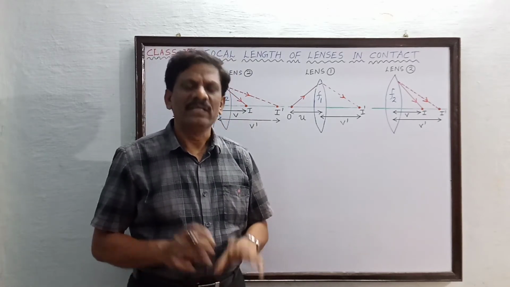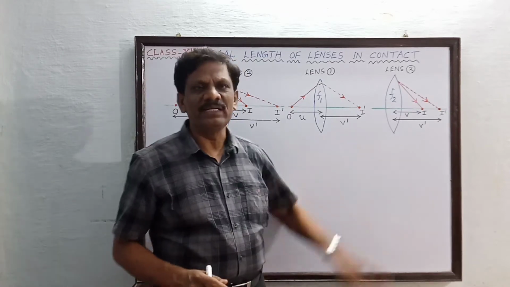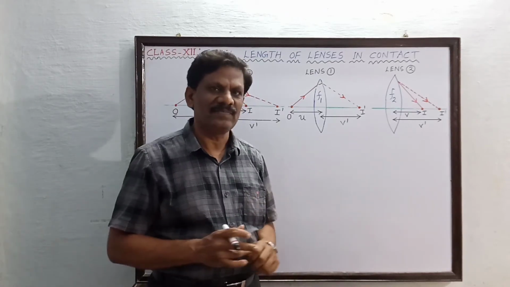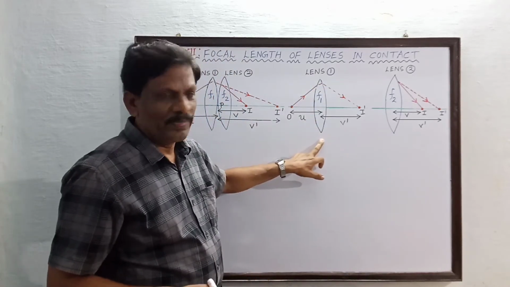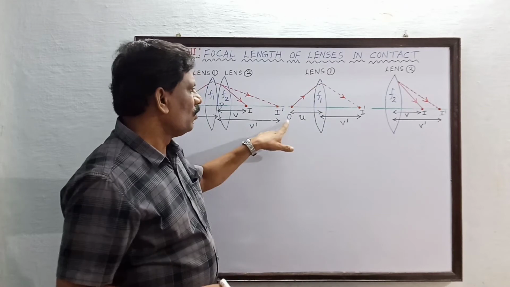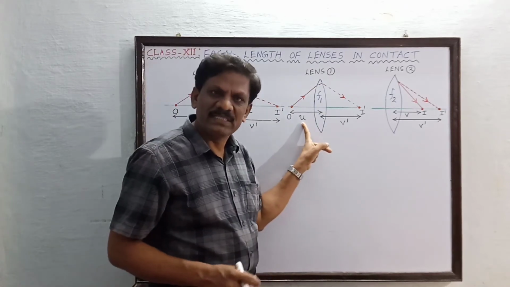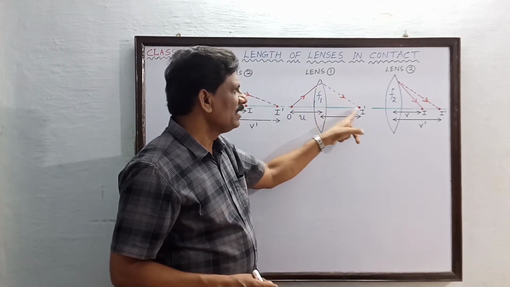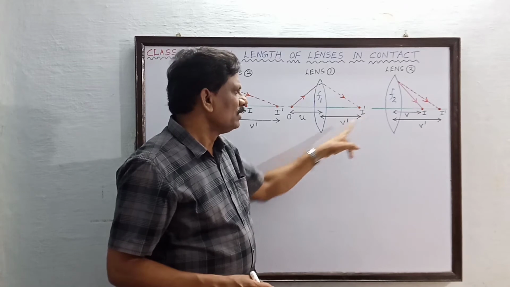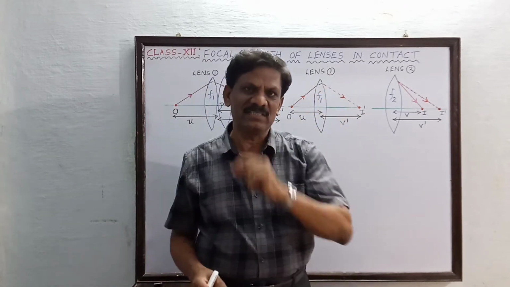Understand? Now you will very clearly understand if I explain by taking the two individual lenses. So only lens 1 is taken now. For the first lens, O is the point object and u is the object distance. You can see that the image is formed at I dash. So the image distance for the first lens is v dash.